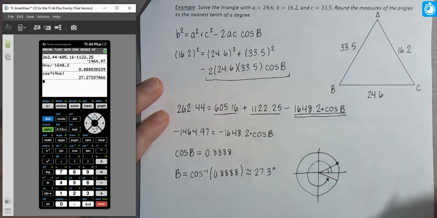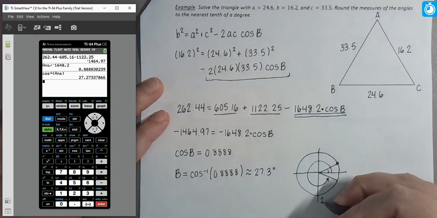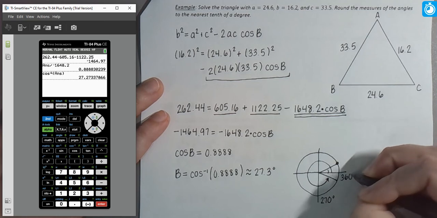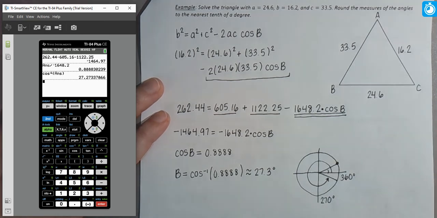Well, automatically you can probably see a problem with that. Whatever that angle is, it's somewhere between 270 degrees and 360 degrees, which means that particular angle cannot exist within any type of triangle, regardless of whether it fits with anything else. It doesn't fit just by itself because everything in a triangle has to add up to 180 degrees.